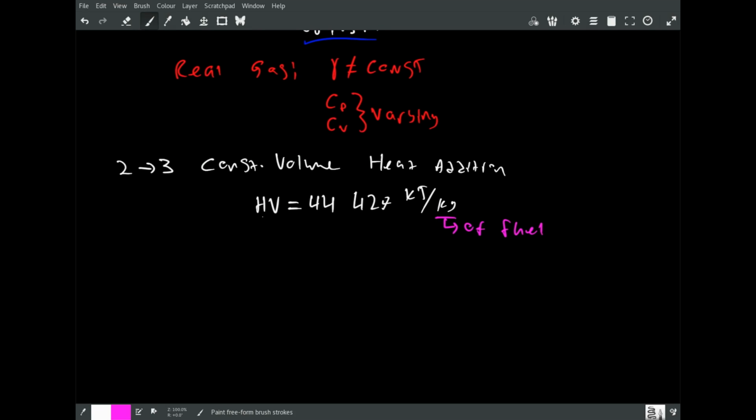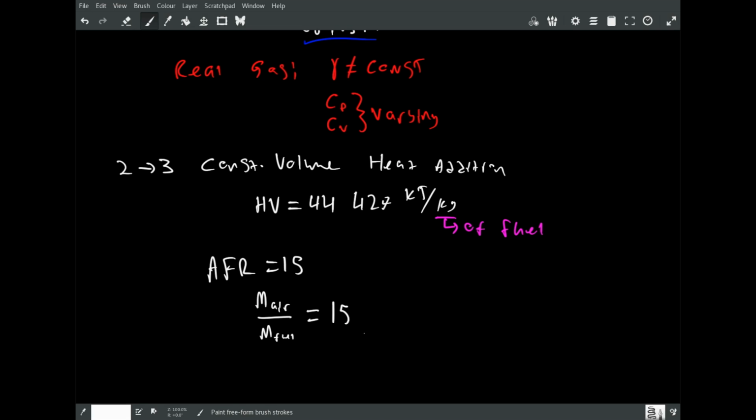Now, we have an air-fuel ratio of 15. So with this air-fuel ratio of 15, this means that the mass of air over the mass of fuel equals 15.